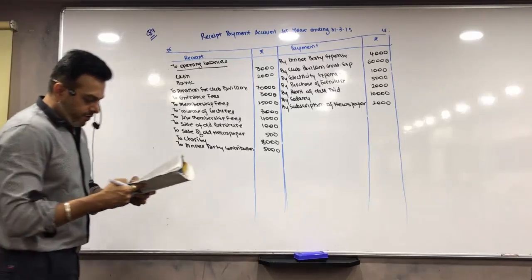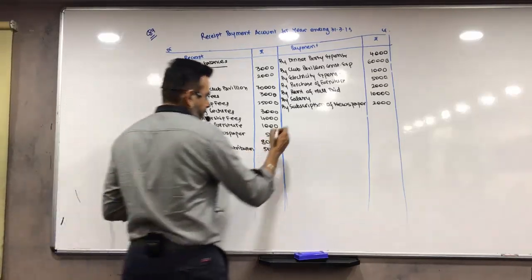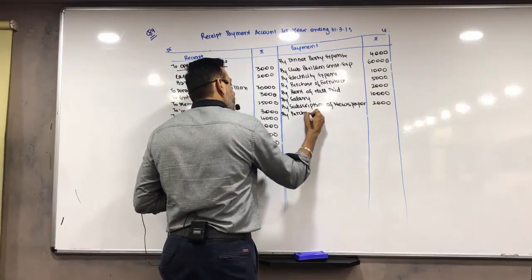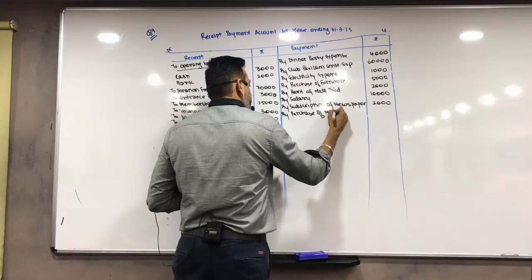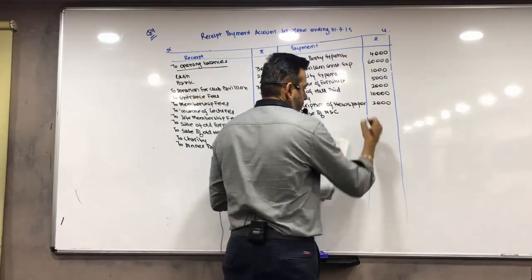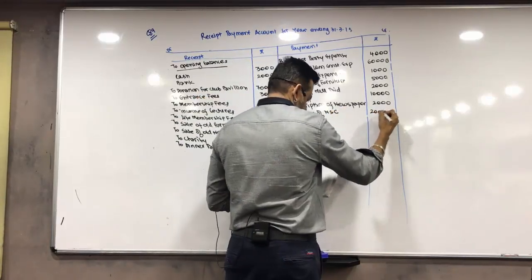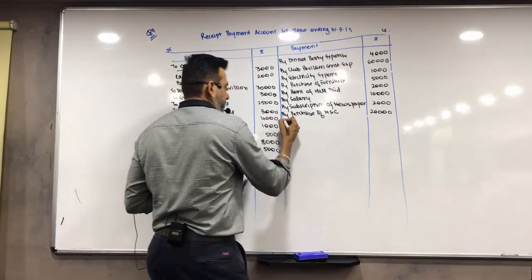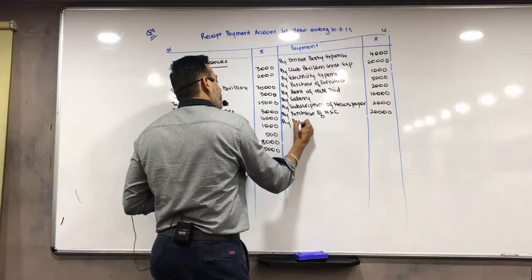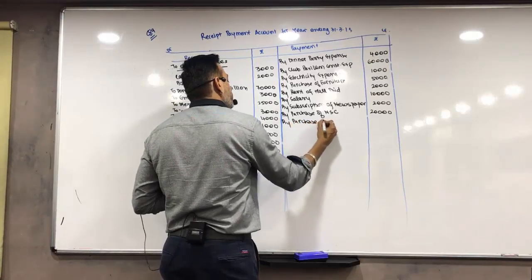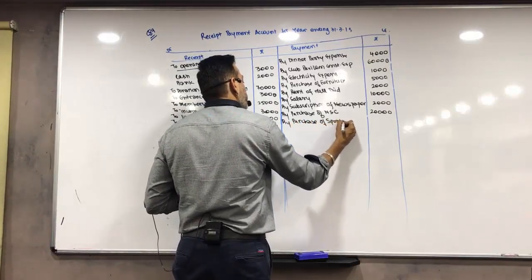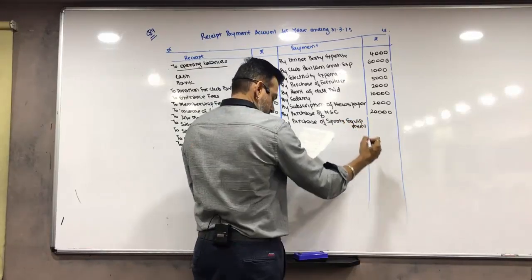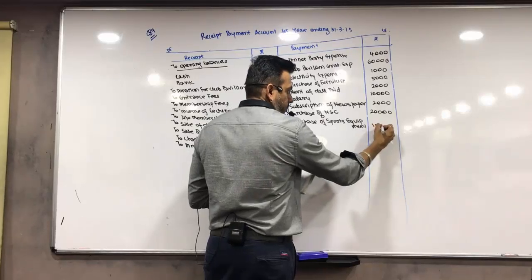Purchase of National Savings Certificate by purchase of National Savings Certificate NSC 20,000. By purchase of sports equipment 15,000.